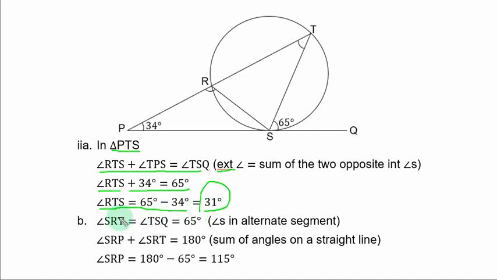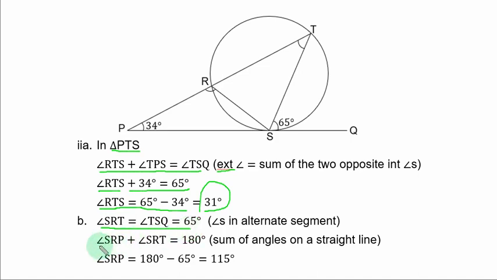For us to get SRP, we need to get SRT first. So angle SRT is equal to angle TSQ, and that is 65 degrees, angles in alternate segment.